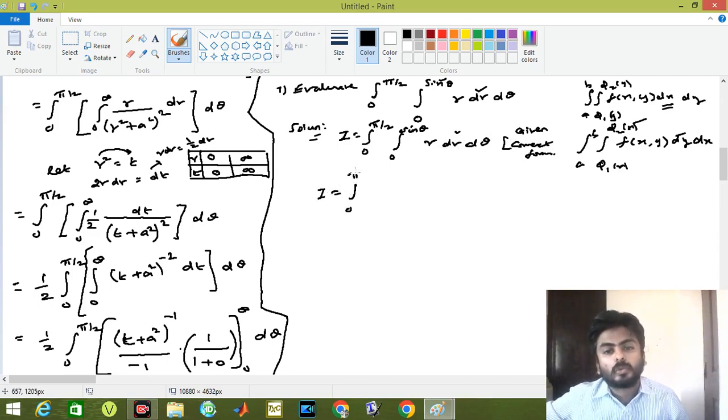Integral 0 to pi by 2, integration of r will give r square by 2, okay. x power n means x power n plus 1 by n plus 1, so r square by 2.